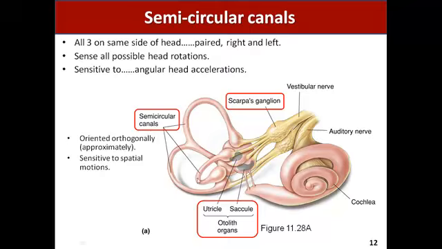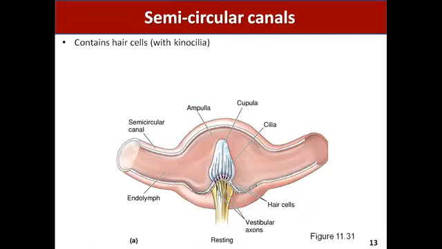Just as a review here, all of these axons will project through Scarpa's ganglion to the cell bodies, where another action potential will be regenerated so that that information can be transmitted along the vestibular nerve.